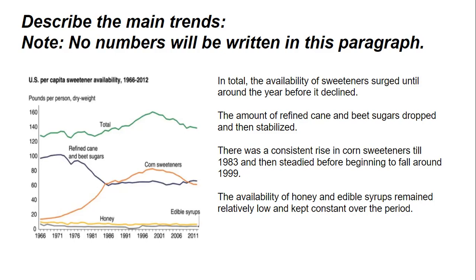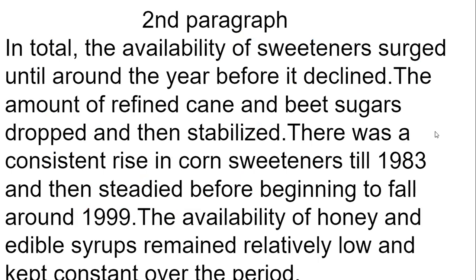Right? These are the main trends you're supposed to mention. I've mentioned each in a line because I have to keep into consideration the word limit. I've mentioned the total, then the refined cane and beet sugars, then corn sweeteners, and then honey and edible syrups. This is how your second paragraph is going to look.